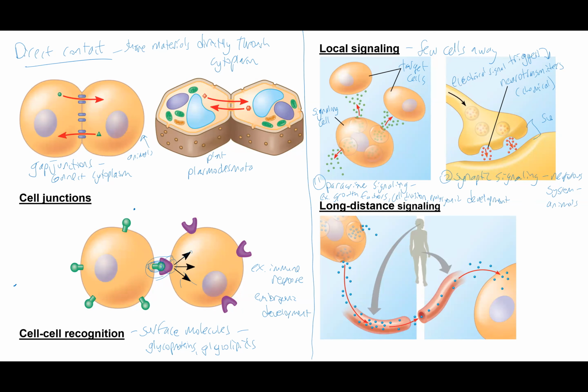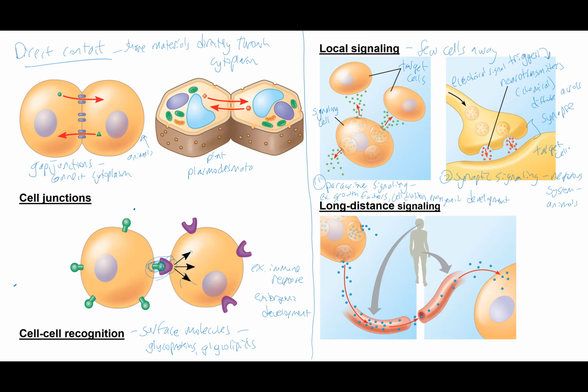So this gap is the synapse. To this cell, which is the target cell. This can happen over long distances because you have really long nerve cells, but it's still only dealing with one cell to one cell. So paracrine signaling is using a chemical signal, and synaptic signaling is using both electrical and chemical signals to send a message. Like, hey, move, muscle.